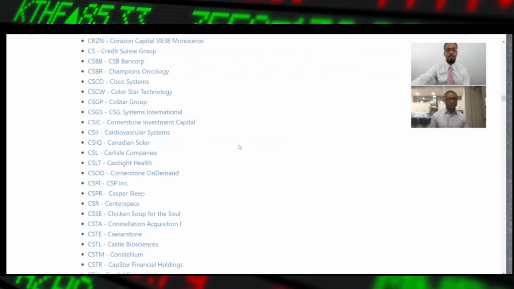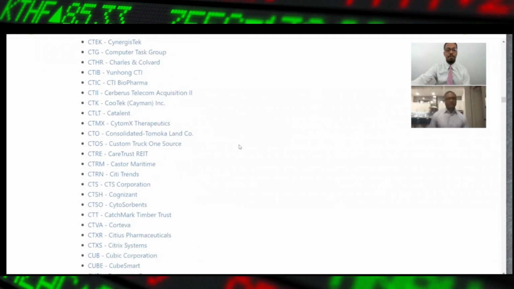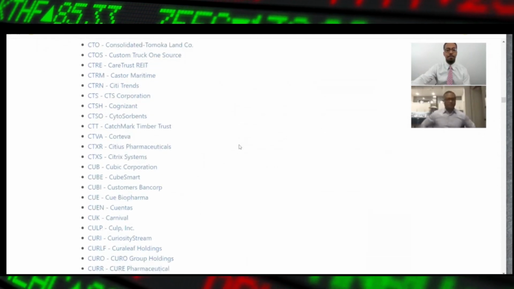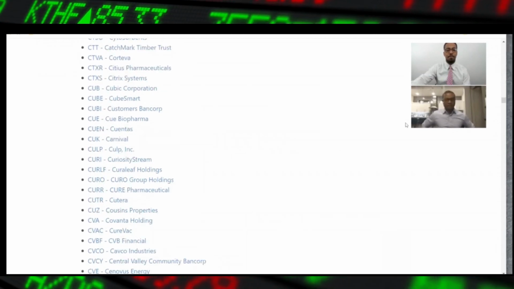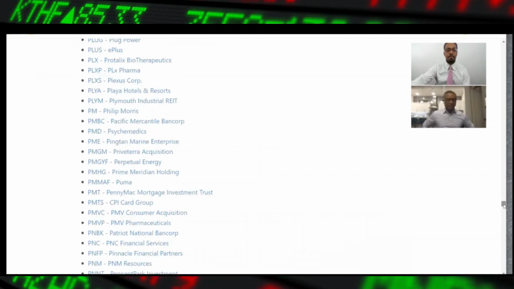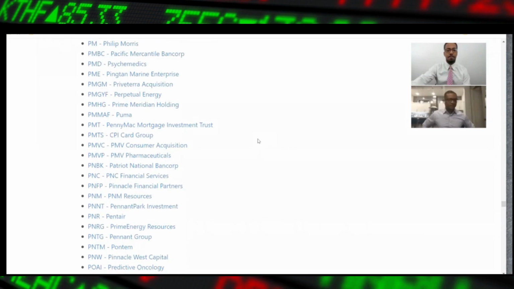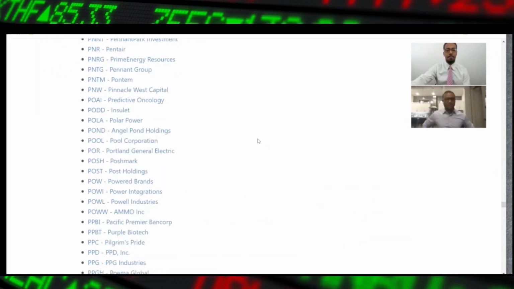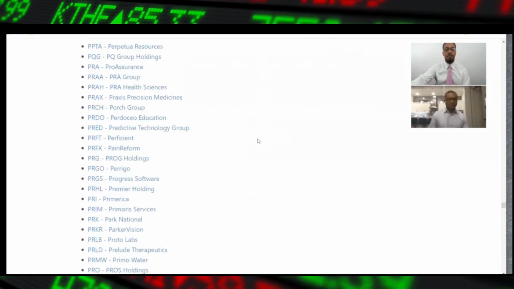You go to stockanalysis.com/stocks and you see it there. And if you look at it, it's a lot of symbols, right? You can break it down by alphabetical order, and you can look and see exactly which stock you want to invest in, and you can get that particular symbol.